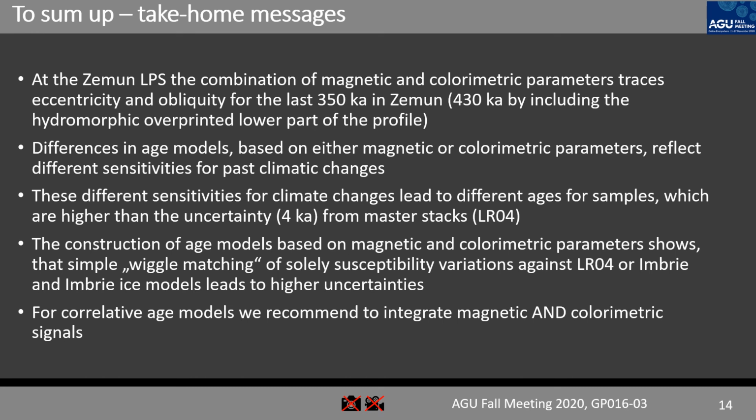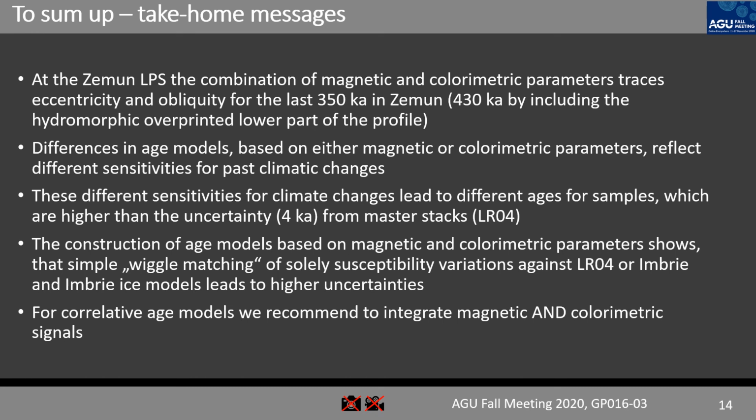Differences in the age models, based on either magnetic or colorimetric parameters, reflect different sensitivities for the past climatic changes. And these different sensitivities for climate changes lead to different ages for the samples, which are higher than the uncertainty from the master stacks, Lisiecki and Raymo, for example. This I showed you by the comparison of the different age models.